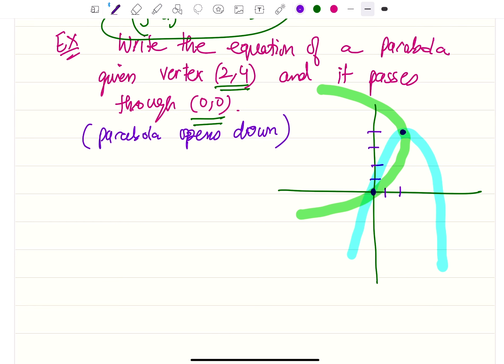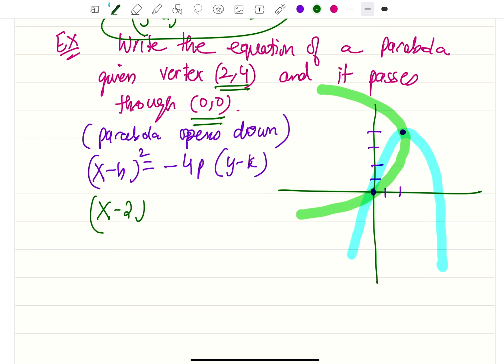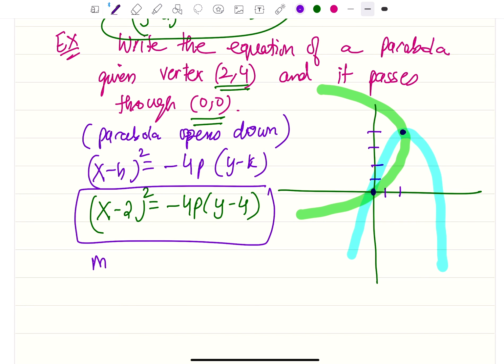So if my parabola opens down, the equation would be x minus h squared equals negative 4p times y minus k. We know the vertex is given, so x minus 2 squared equals negative 4p times y minus 4. Now we want to find out p, so we know this equation must satisfy 0, 0 because it passes through that point.